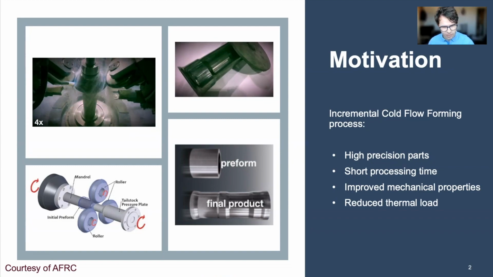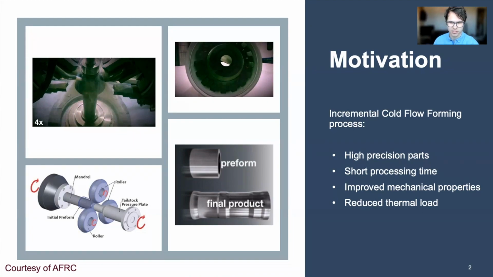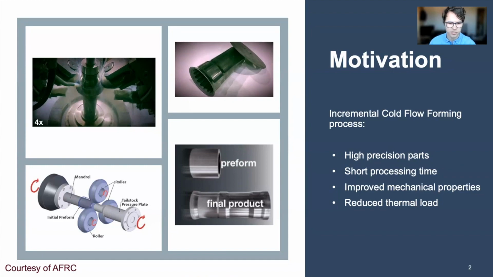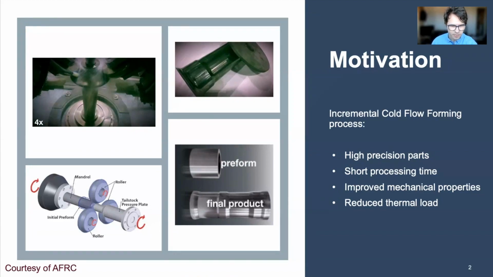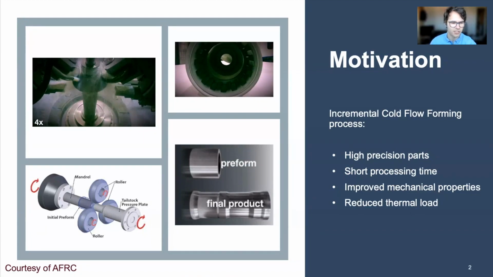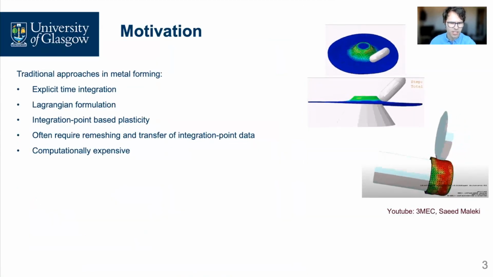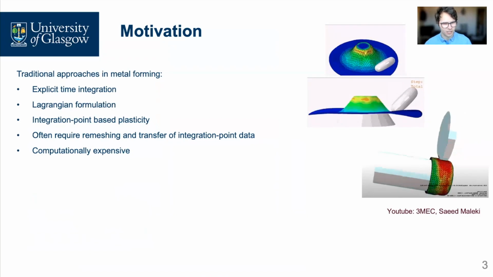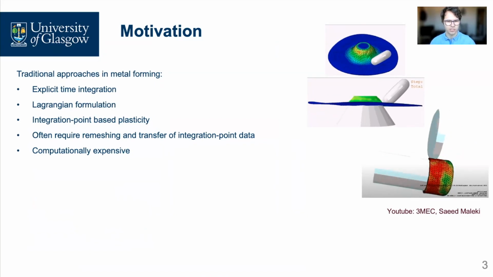However, due to the nature of this process, including extreme plastic deformations, contact with the series of rollers, and heat dissipation, it has been exceptionally difficult to simulate, thus not allowing the industry to take full advantage of this technique. Traditional approaches typically utilize explicit time integration, so they are only conditionally stable.